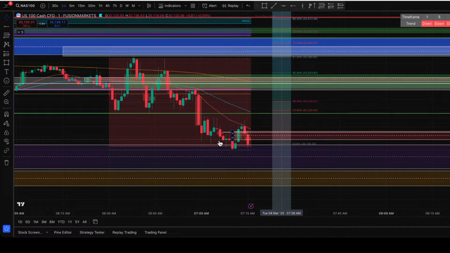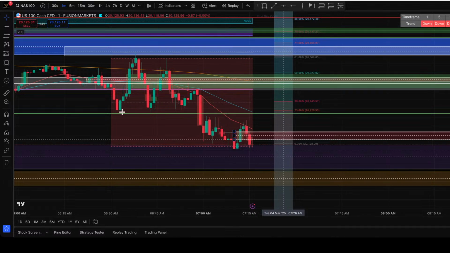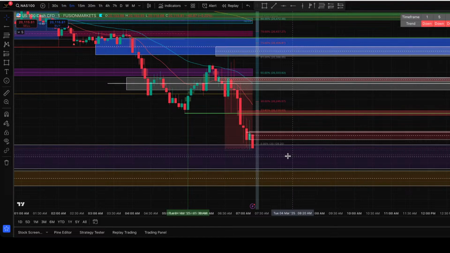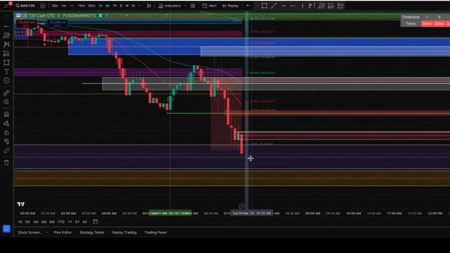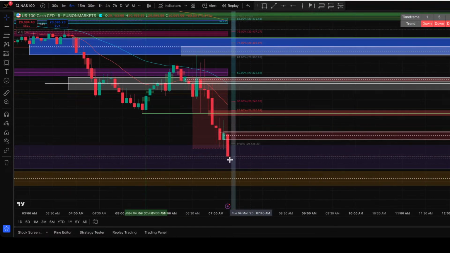About 14 minutes left before our range is formed. Then we officially switch over to the spotlight strategy. Now on the 5M, I want to see if we have a double break yet. So there we took out that low again.